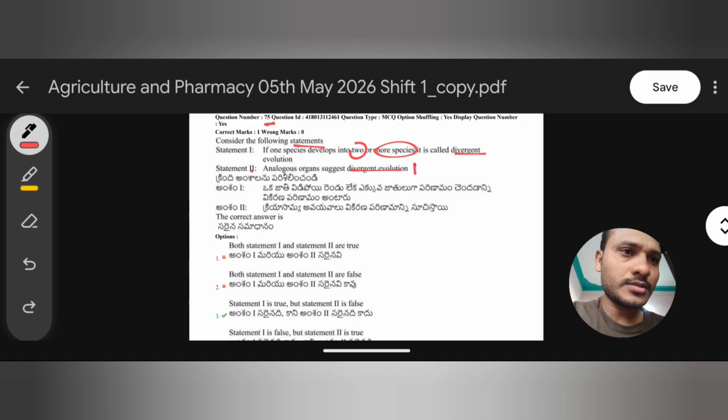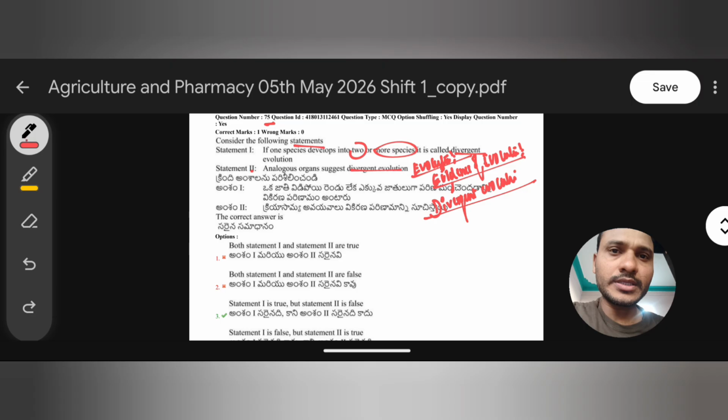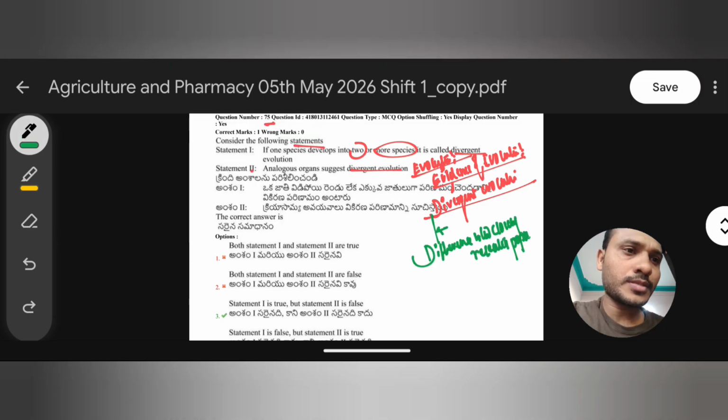This question will come from evolution, evidence of evolution. There is various evidence proposed by various scientists. Here we will discuss divergent evolution, which mainly refers to the differences between closely related populations.